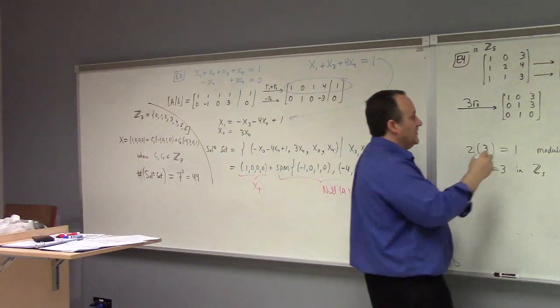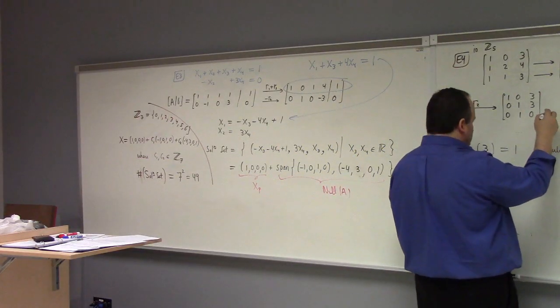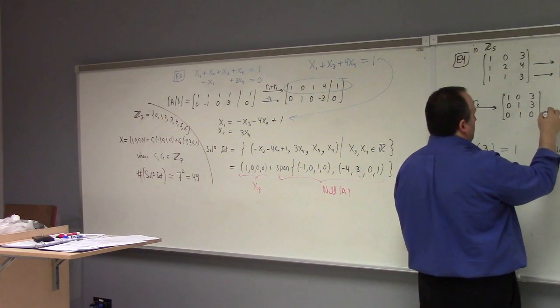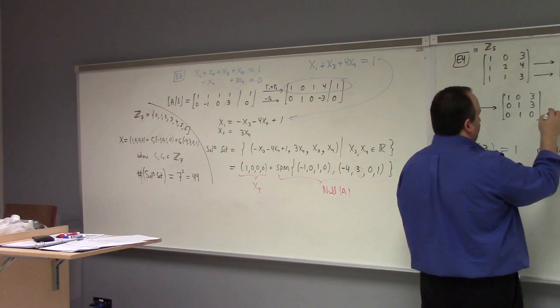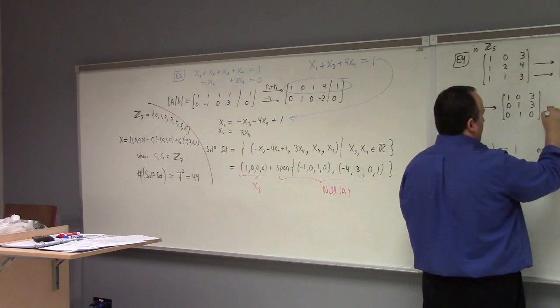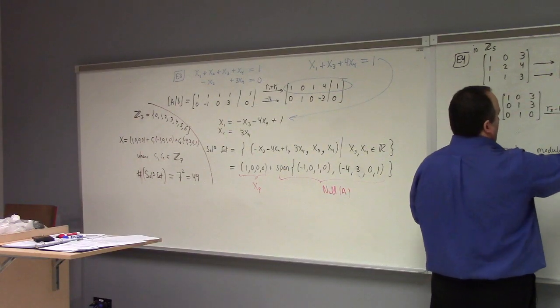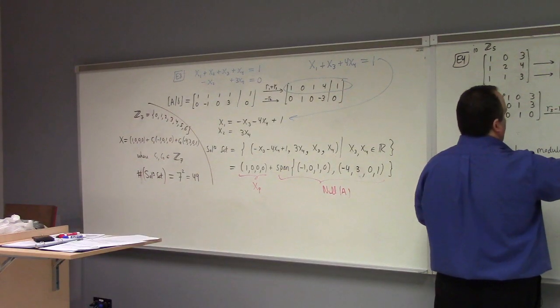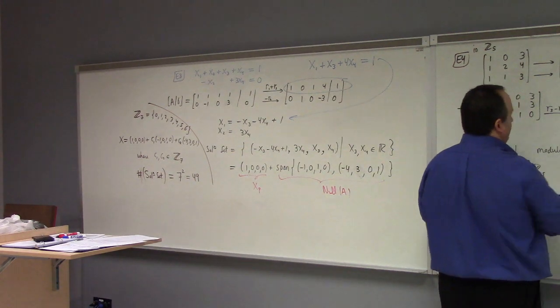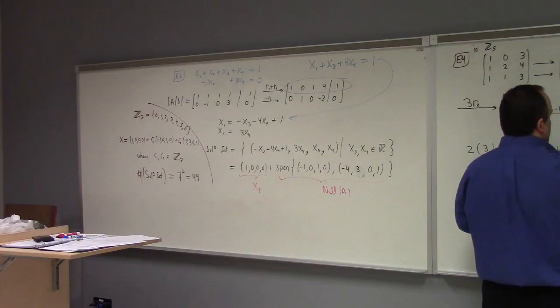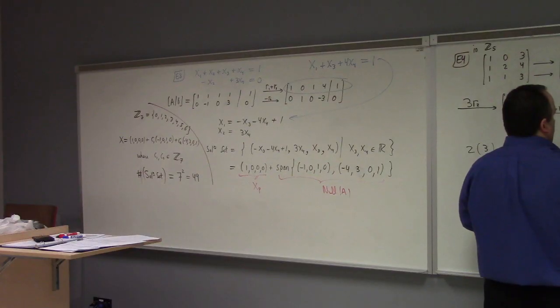And then, let's see here, I guess I'll do finally row 3 minus row 2, which gives 0, 0, minus 3, right? Which is equal to 1, 0, 3, 0, 1, 3, 0, 0, 1.